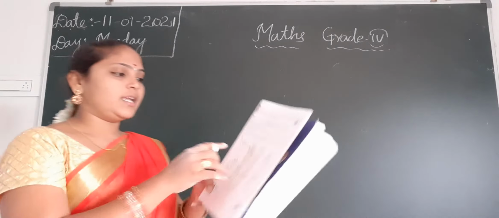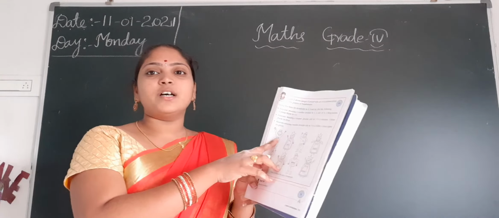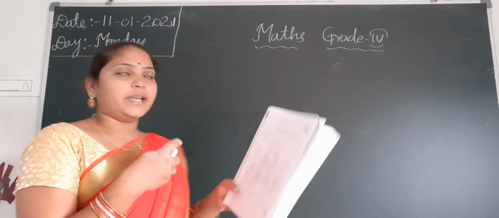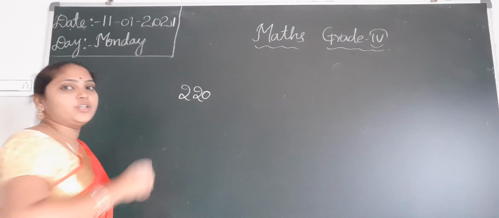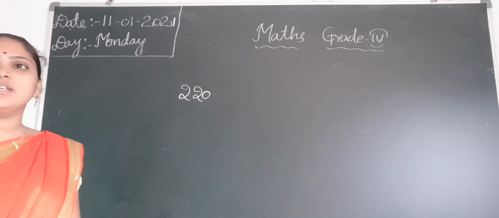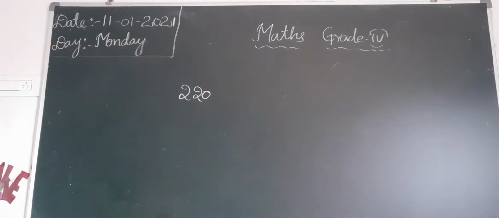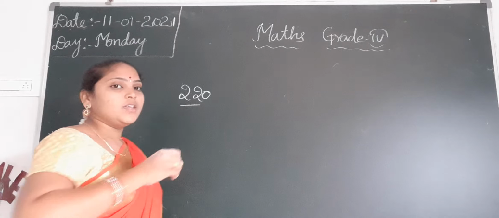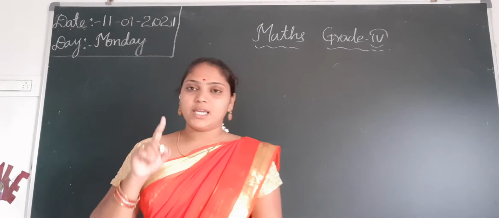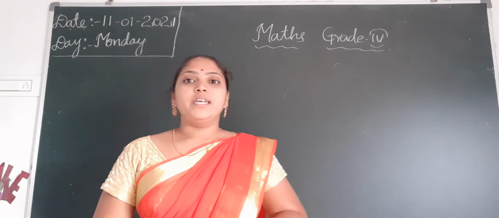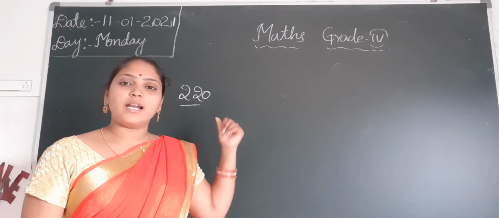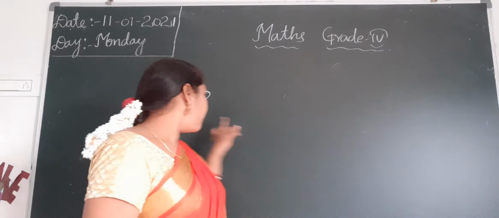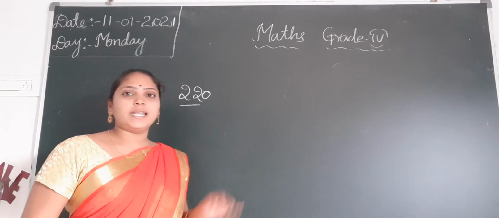First we are given 220 here. The first person is 220. So let us check the divisibility rules for 220. First let us find whether it is divisible by 2, next whether it is divisible by 5, and then whether it is divisible by 10 or not.